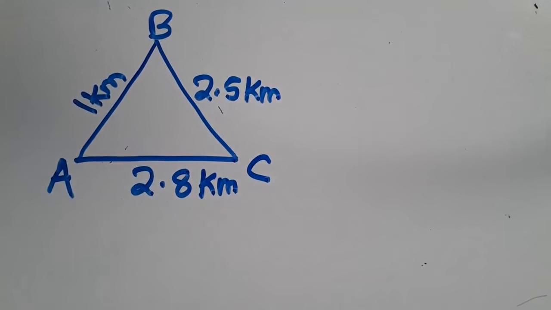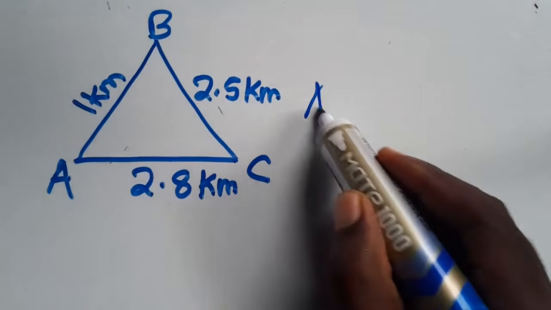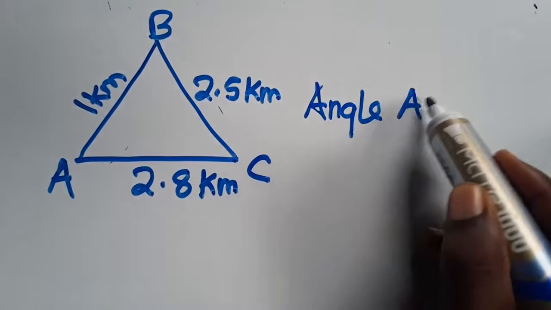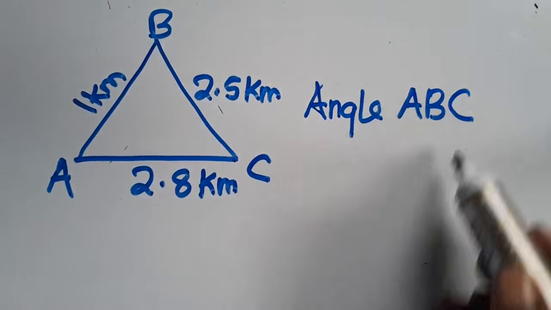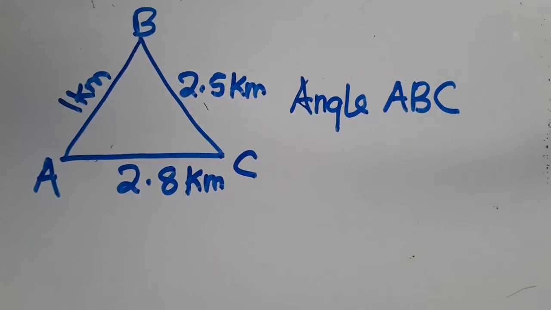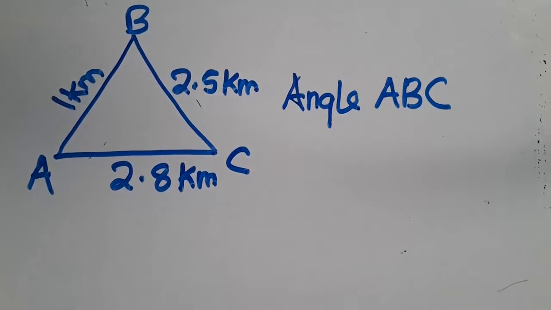The first question, you are told to find the angle ABC. How can you find the angle ABC? In which way can you find it? At first, I said, when you are given all the three sides, I wrote SSS, which falls under the cosine law.